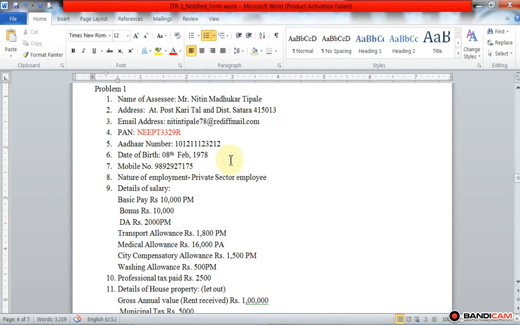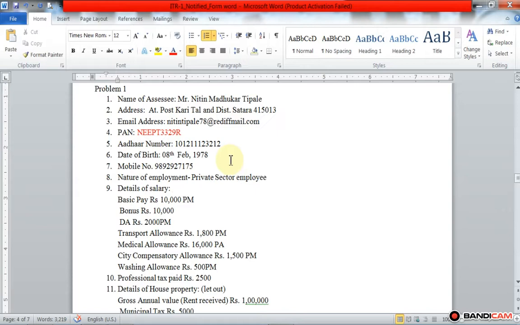Mobile number 9892927175. Then nature of employment is given, that is private sector employee. So Mr. Nitin Madhukar Tipale has worked in the private sector.